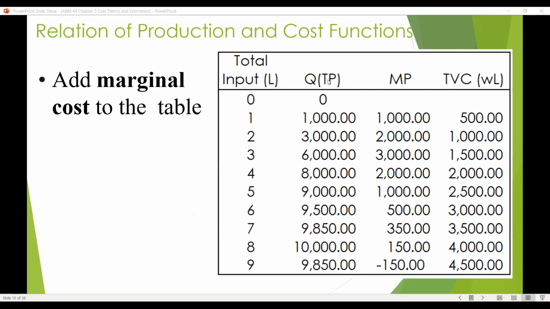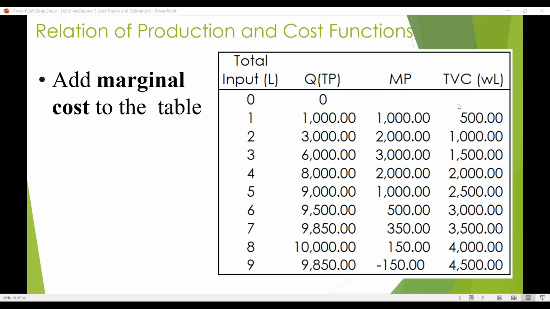We also have MP, marginal product: 1,000, 2,000, and so on and so forth, and it goes negative. Most of the time, our marginals are going negative or downward sloping.